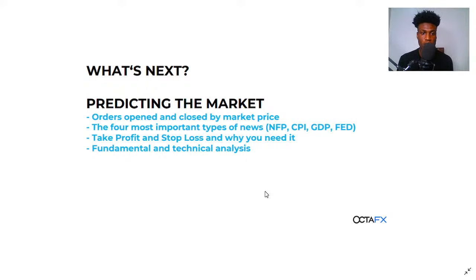We're going to talk about orders opened and closed by market price, and the four most important types of news: NFP, CPI, GDP, and Fed. I'll explain those in detail, non-farm payroll, consumer price index, all that. We'll also talk about take profit and stop loss and why you need them, and we'll look at fundamental and technical analysis.